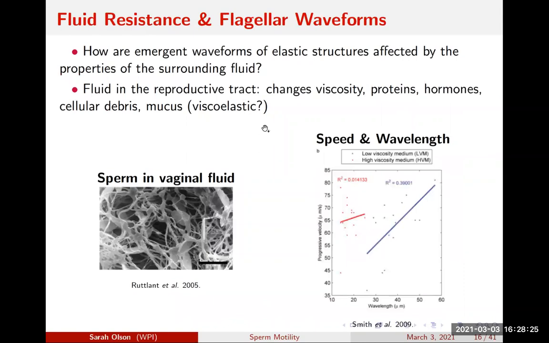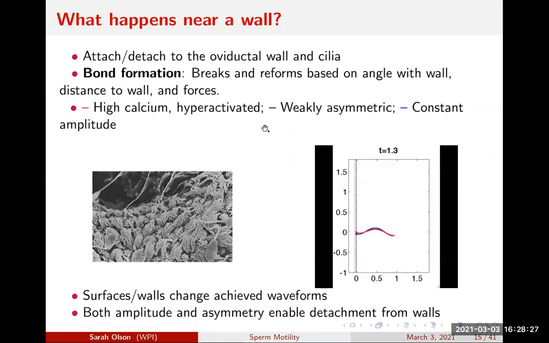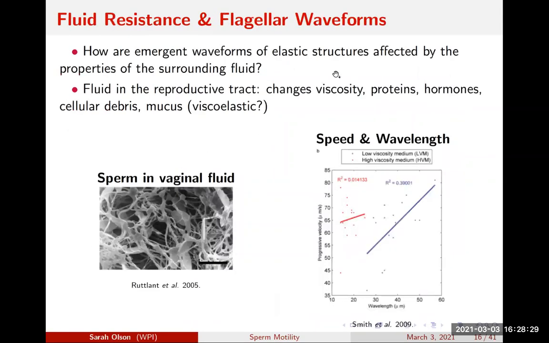Okay. So this was our basic setup, but another thing that we thought about was, how do things change when you have these different fluid environments? These elastic structures are affected by properties of the surrounding fluid.